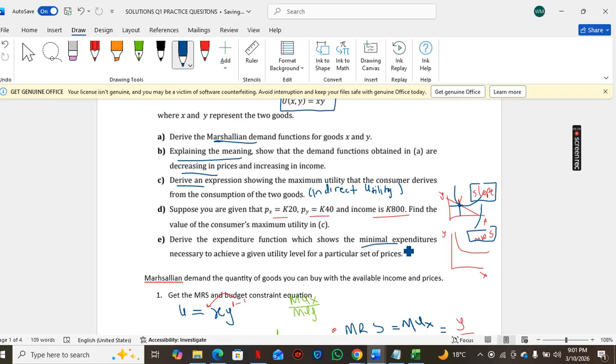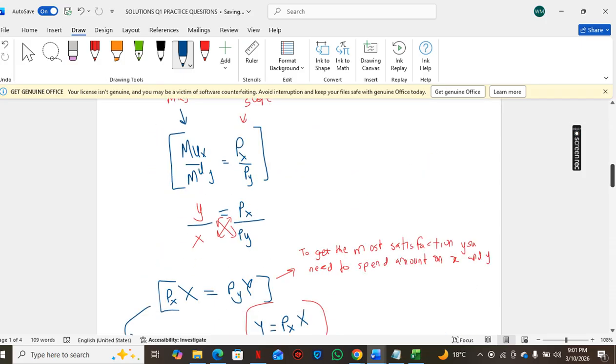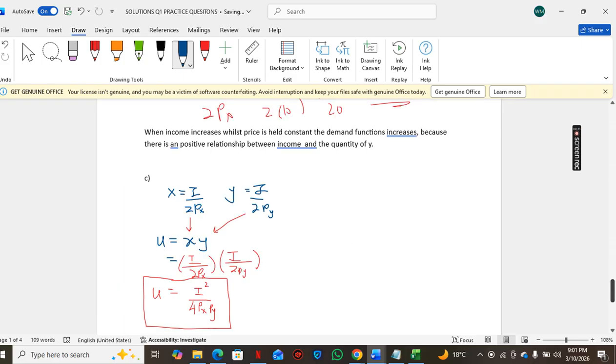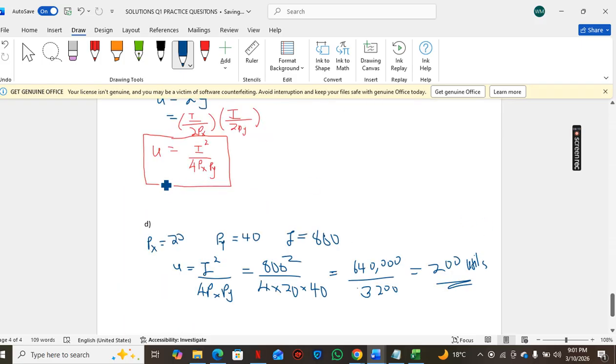It shows the minimum expenditure that you have to have to achieve a given utility with a particular set of prices. So this expenditure function, we're going to derive it from the indirect utility function here. Okay. We are going to now make I the subject of the formula.